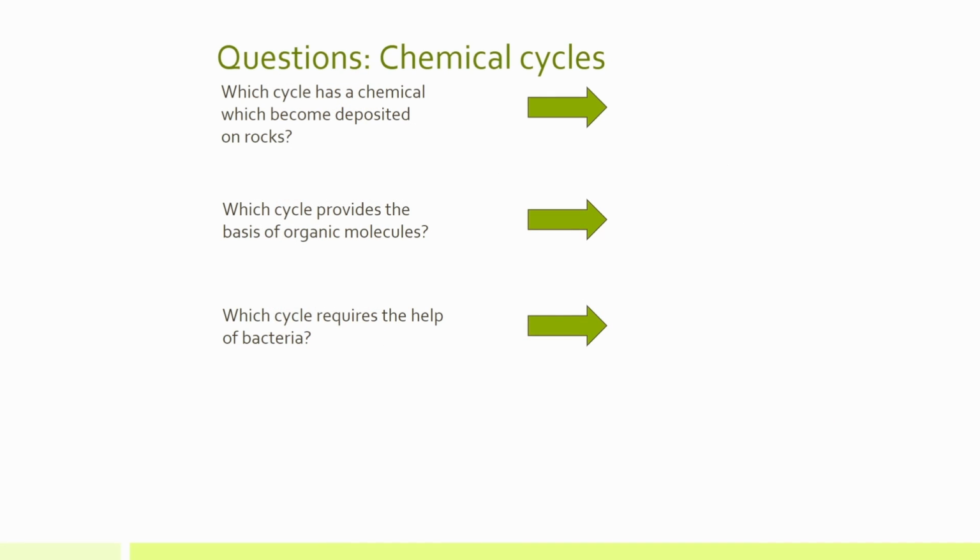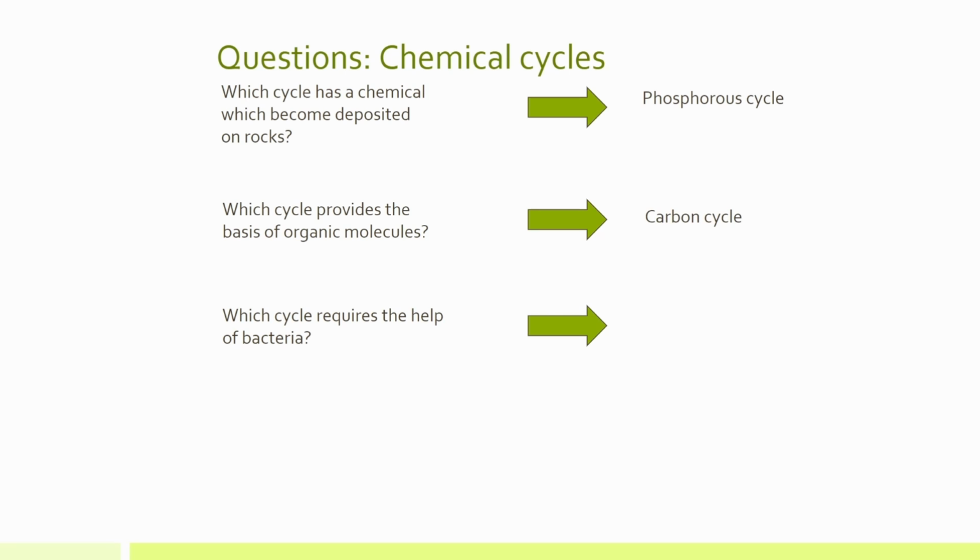So let's look at some questions. Let's look at the chemical cycles, and let's first look at which cycle has a chemical which becomes deposited on rock. The phosphorus cycle. How about which cycle provides the basis of organic molecules? That's the carbon cycle.